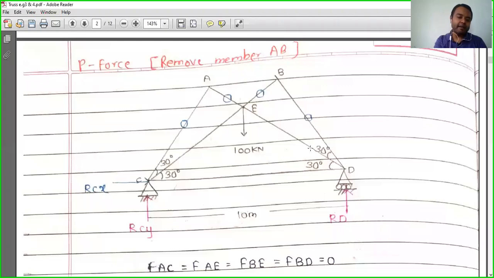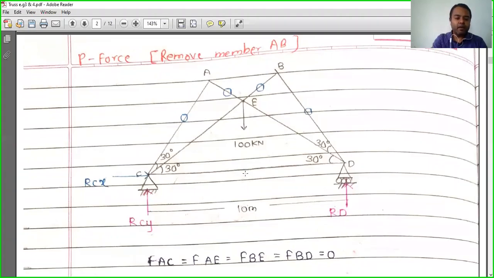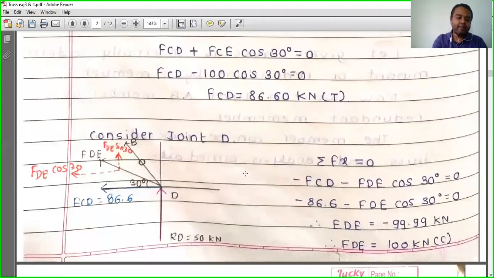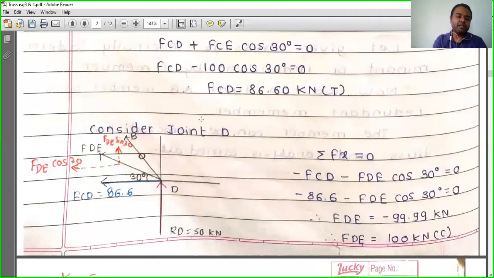You can write directly that whatever force exists in member AC will exist in member BD. So in this example we are not required to draw the free body diagram of joint D. We can complete this P force analysis by considering only joint C.